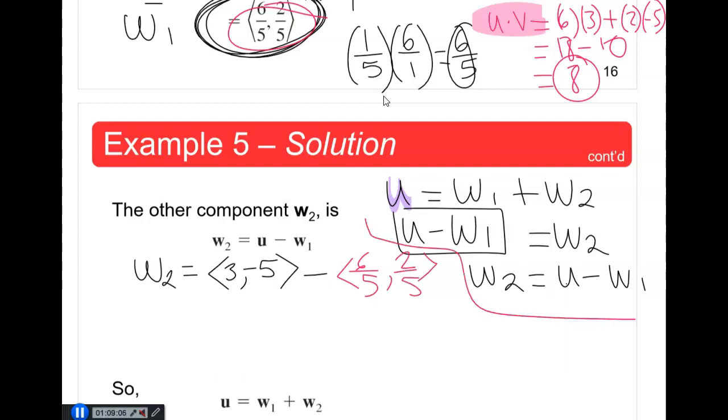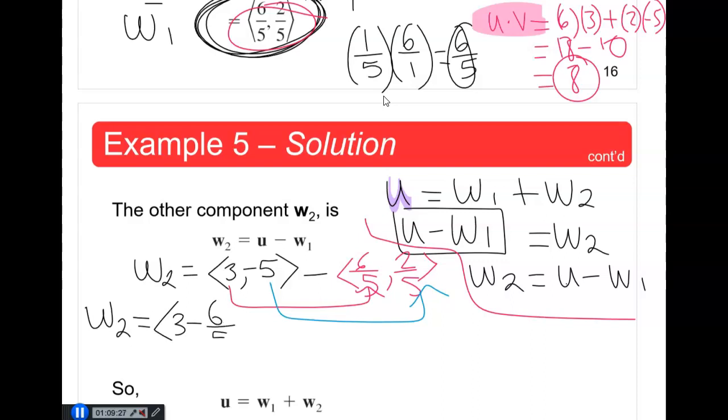And so you already know that we're going to subtract horizontal components, and then we'll do the same with the vertical components. So this is going to give us W sub 2 is going to equal 3 minus 6/5, and then -5 minus 2/5.